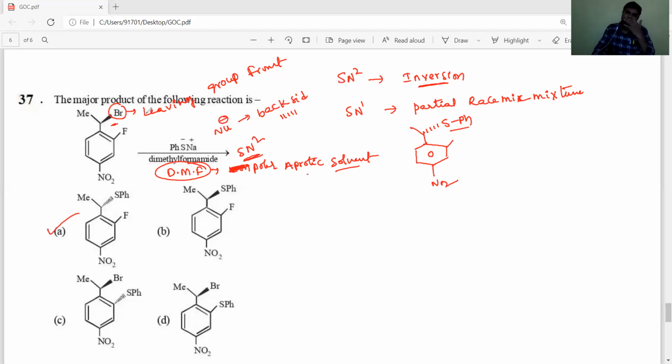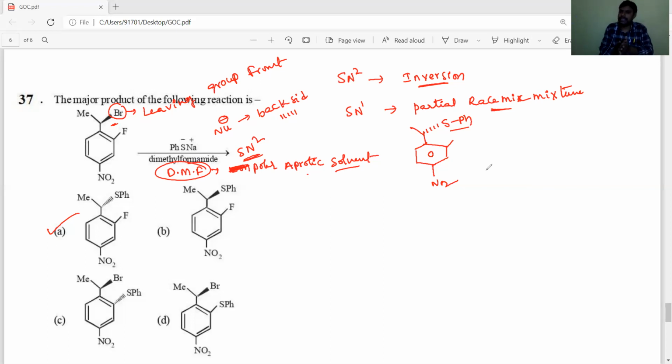But in SN1 reactions, what happens? A partial racemic mixture means front side retention product maybe 60 percent and inversion product 40 percent; in different ratios they will form.